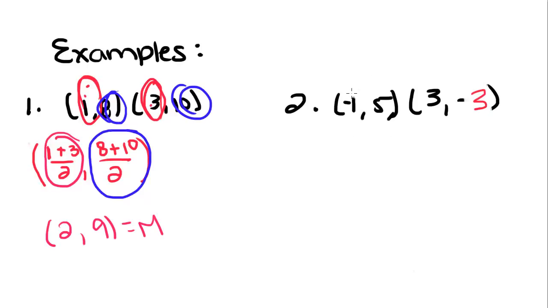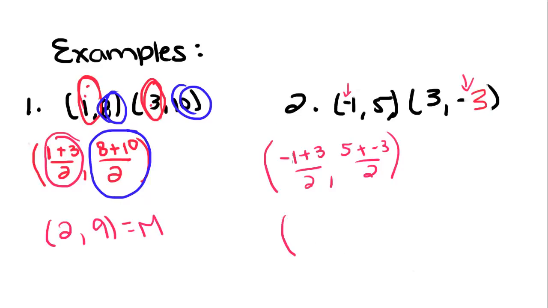So now we have a negative right here, and right here too as well. But if you remember, we add the two numbers together, and addition is commutative, which means that you can add in whatever order and you'll still get the same answer. So we have negative 1 plus 3 over 2 for our x coordinate, and 5 plus negative 3 divided by 2 for our y coordinate.